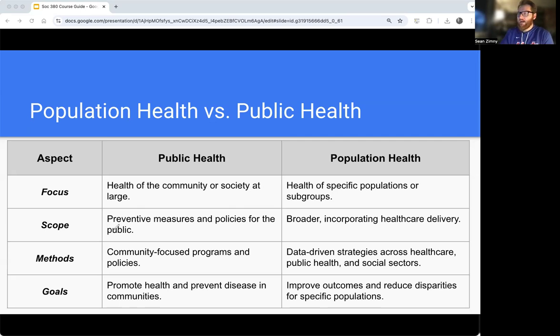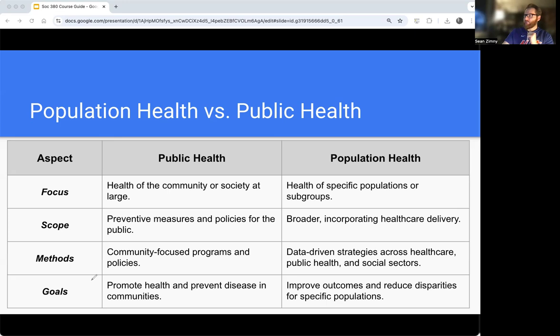Okay. Scope of each. The scope of public health would be preventative measures and policies for the public. The scope of population health would be broader, incorporating healthcare delivery. And then methods of public health versus population health. Methods of public health would be community-focused programs and policies, whereas the methods of population health would be data-driven strategies across healthcare, across public health, across social sectors.